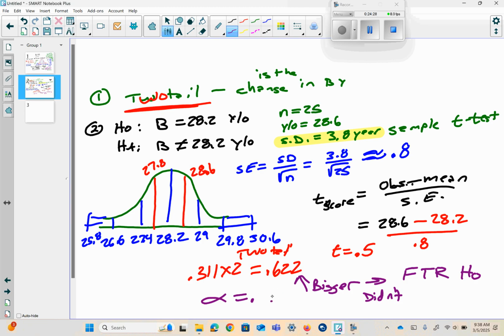Oh man, somebody's paying attention. Good deal. And 0.6 is still bigger than 0.10. So it didn't find evidence, or strong evidence, against the null.